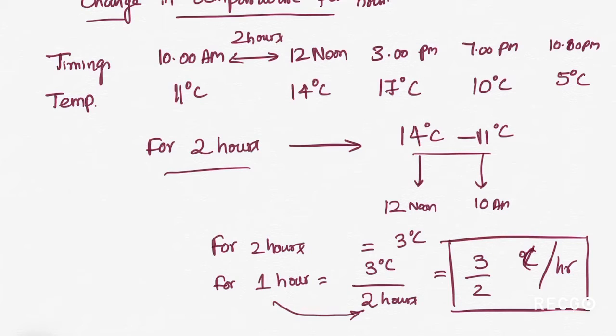In the 2 hours the change is 3 degrees centigrade. For 1 hour what you will do? You will just bring this number underneath. Therefore the answer is 3 degrees by 2 hours, degrees centigrade per hour.